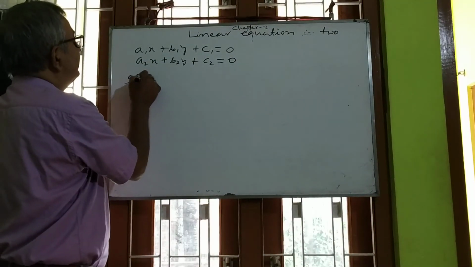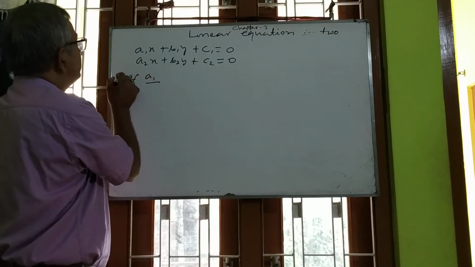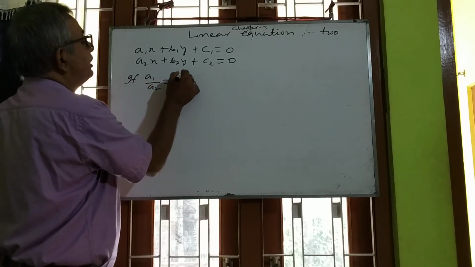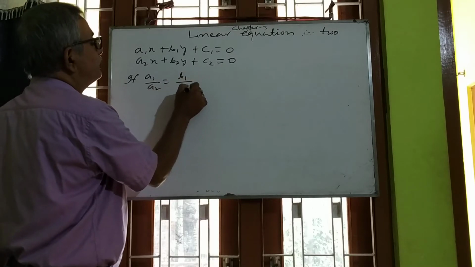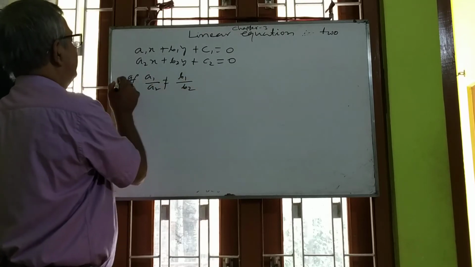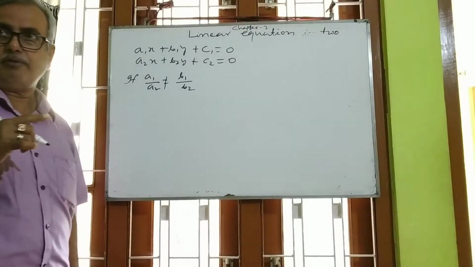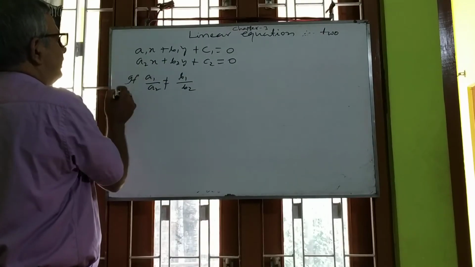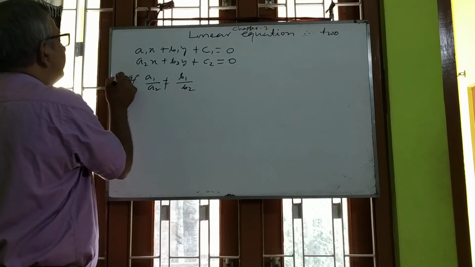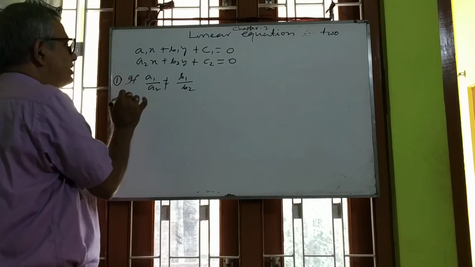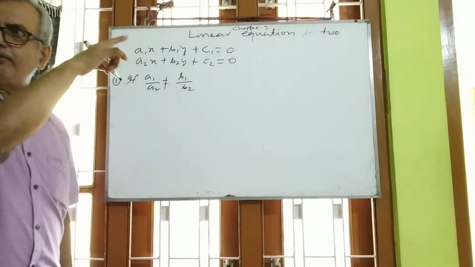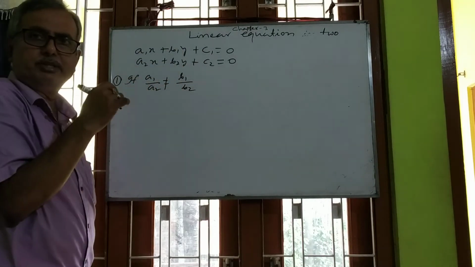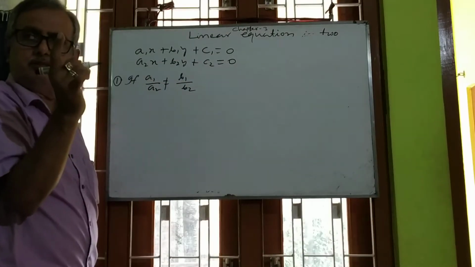If A1 by A2 is equal to B1 by B2, like that, you must write now. Three conditions are there. You see, two linear equations. What are the two linear equations I have given? These two linear equations. Now you see the conditions.